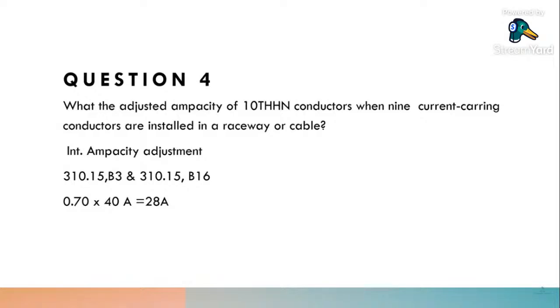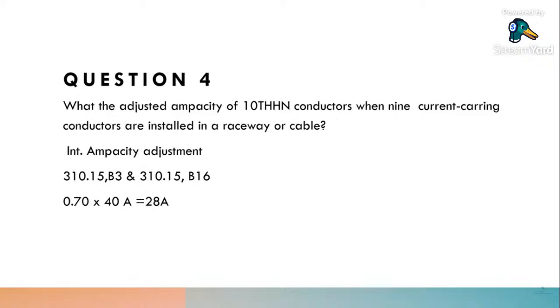The next thing we're going to look at is question 4. What's the adjusted ampacity of 10 THHN conductor when 9 current carrying conductors are installed in a raceway or a cable? So 9 THHN, 10 AWG within a raceway, right?